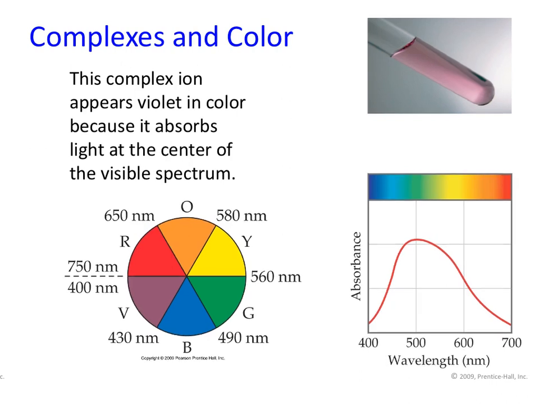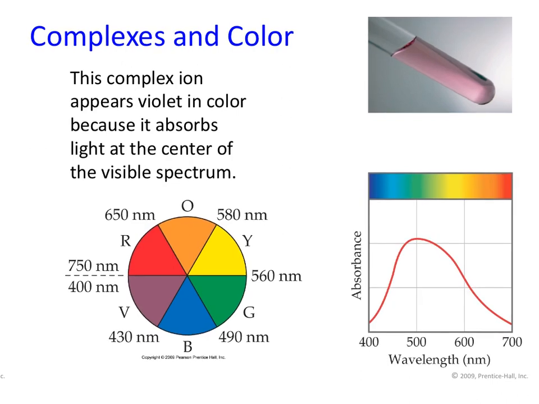So a quick review of the color circle, which you may have seen before. This iron complex appears violet in color, so this solution right here, because it absorbs light at the center of the visible spectrum.